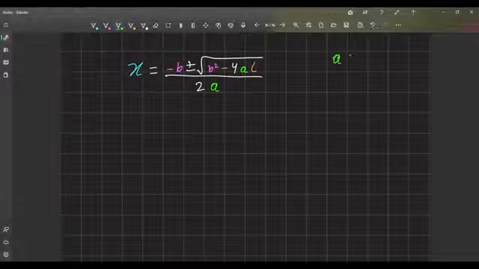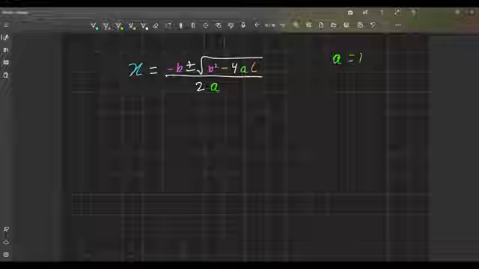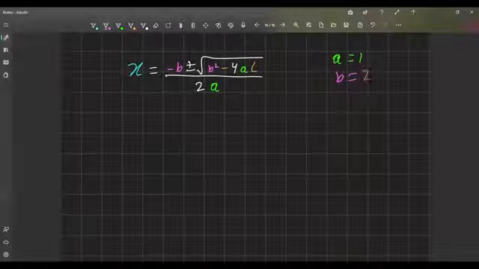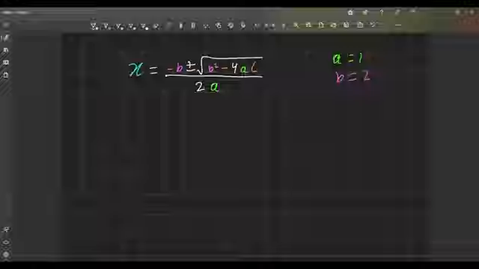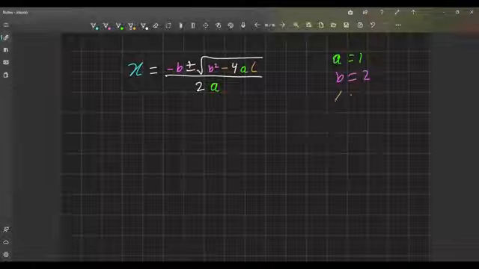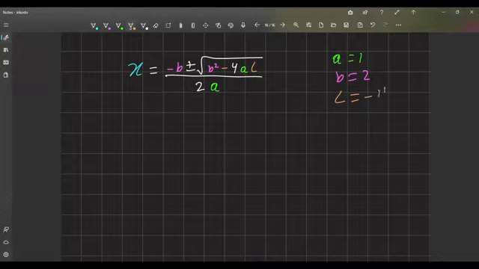Now we know a is equal to 1 in our case, b is equal to 2, and c is equal to negative 15.